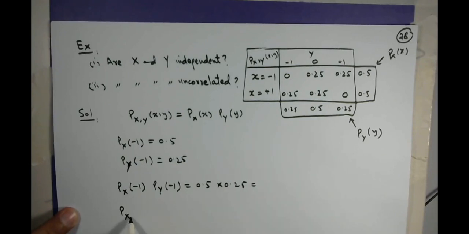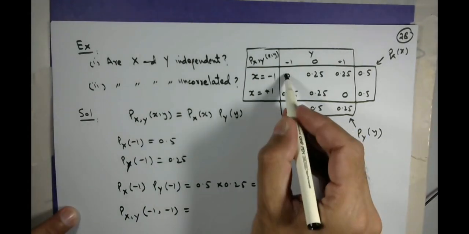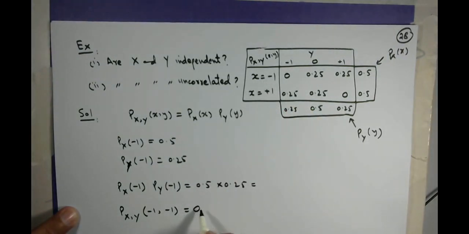But what about P sub x comma y of the same values of x and y, which means -1 comma -1. So P sub x comma y of -1 comma -1 is here. X is equal to -1, y is equal to -1. So this is equal to 0, which is obviously not equal to the value here.